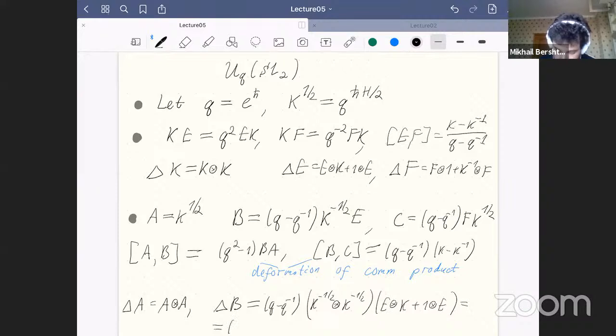So we get B tensor A plus A inverse tensor B.